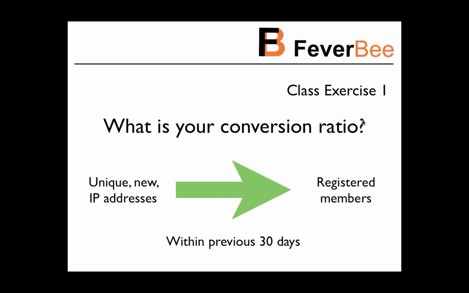And then you also need to know the number of people that have registered for the community during that time. Okay, so you have 155 people that have visited your community for the first time. That is incredibly low. 155 people that have visited your community platform for the first time during the last month.